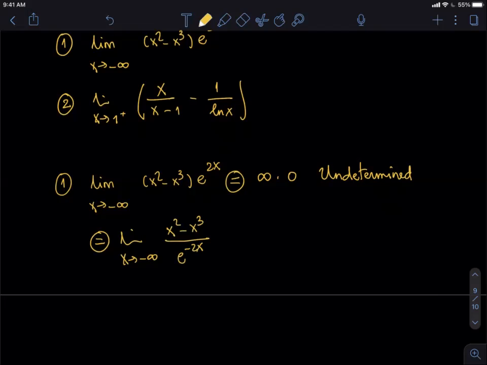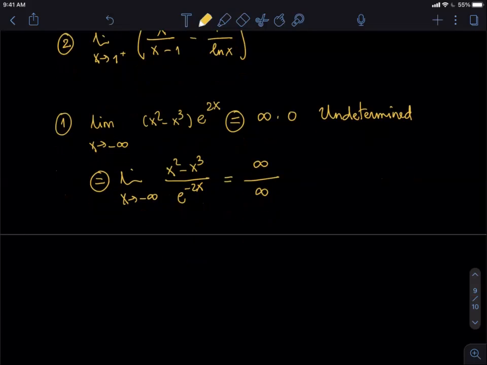And when I do it this way, then I have infinity divided by the exponential of negative 2x, and as x goes to negative infinity that is the exponential of infinity, which is infinity. Okay, so here this is an indetermination, but we can apply L'Hopital.